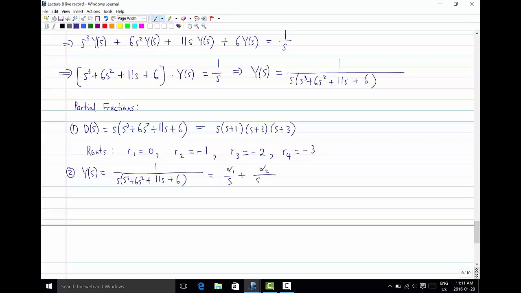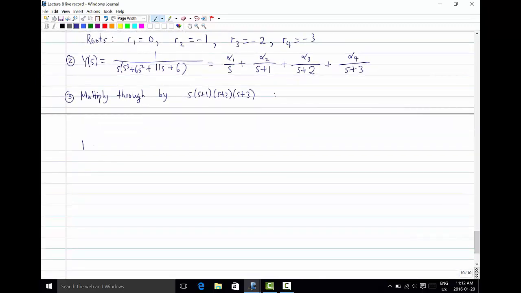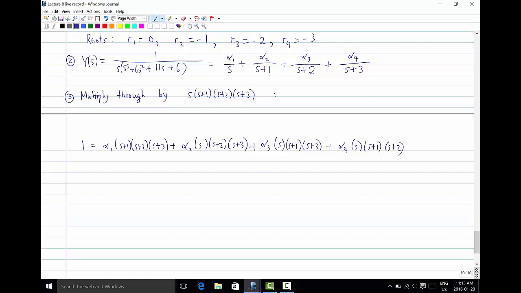We realize that these functions are simply the Laplace transforms of a step and exponential functions. In the third step, we multiply through by the denominator polynomial. And we arrive at the following equation, where 1 equals the sum of alpha 1, alpha 2, alpha 3, and alpha 4 multiplied by the corresponding s terms related to the roots of the original denominator polynomial.